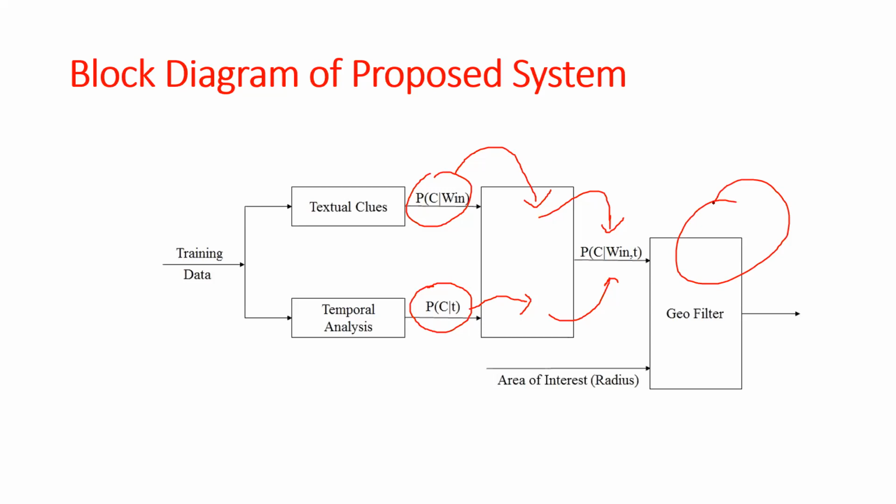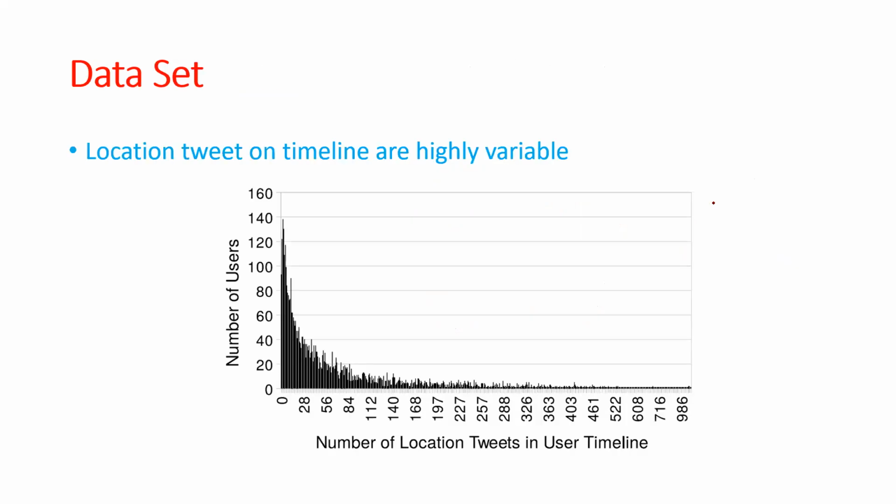And now what we have to do is construct and model the problem using feature extraction. So this is an example of the number of locations shared by people on their timeline, right? You can see here that there are very few people actually using location tweets on their timeline.